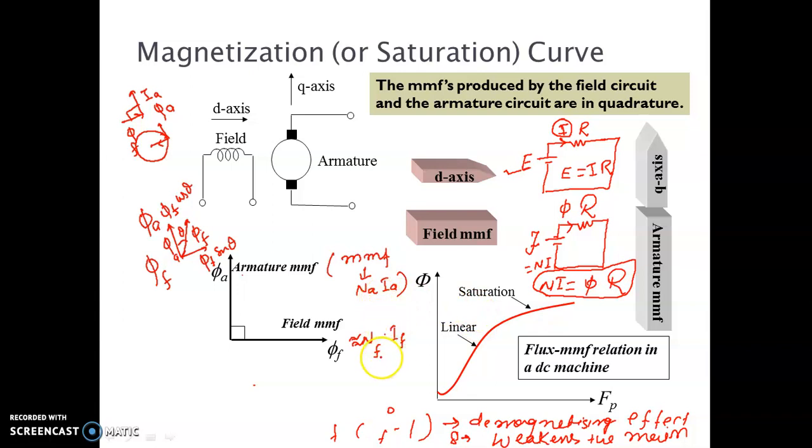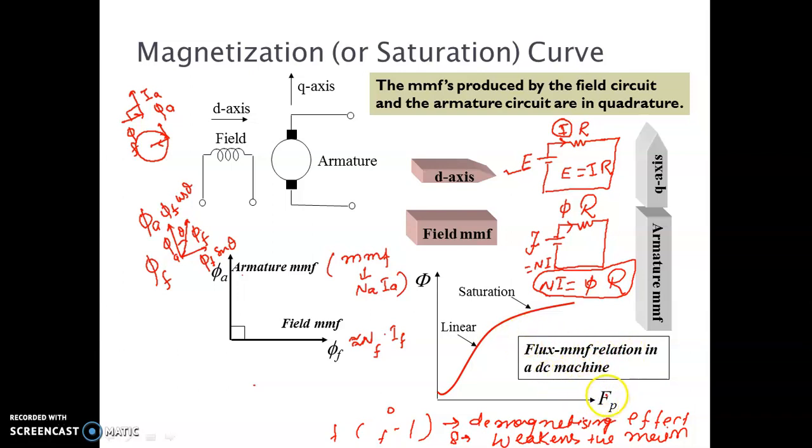The very interesting thing here is that once there is a number of turns and current is flowing in the field winding, field flux will be there. So the first effect is like this. But actually what happens in a machine is flux MMF reaction in the DC machine, the flux magnetomotive force reaction.